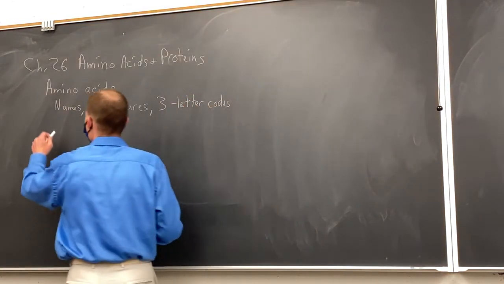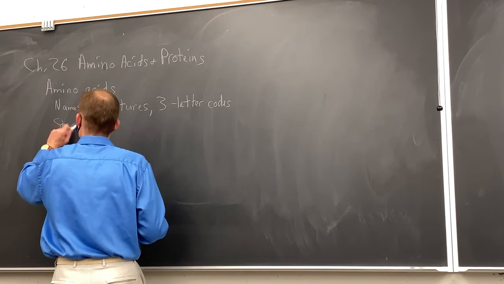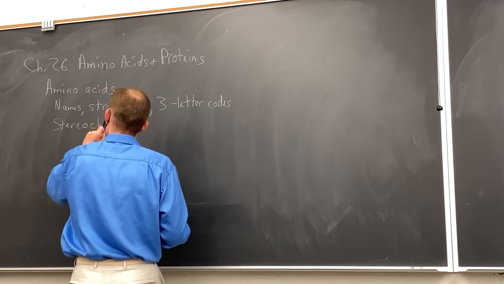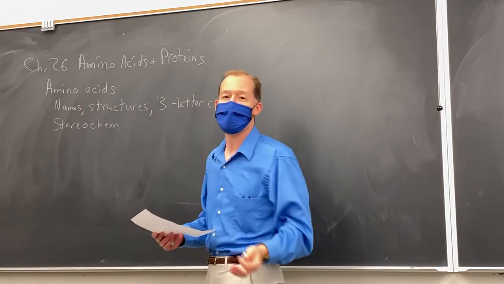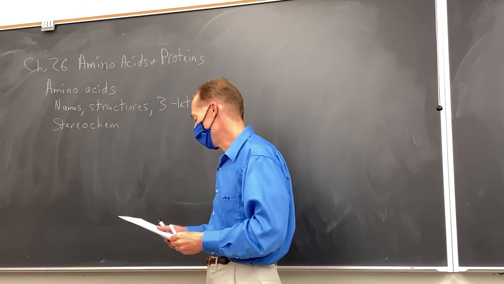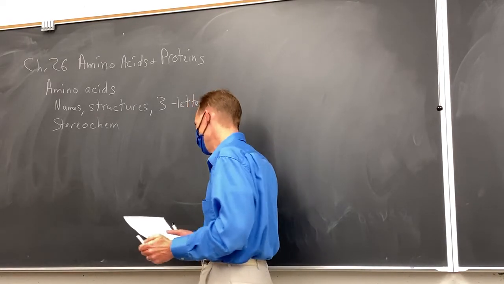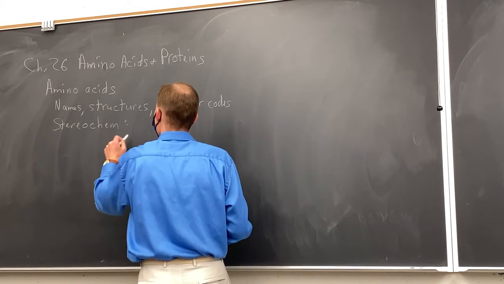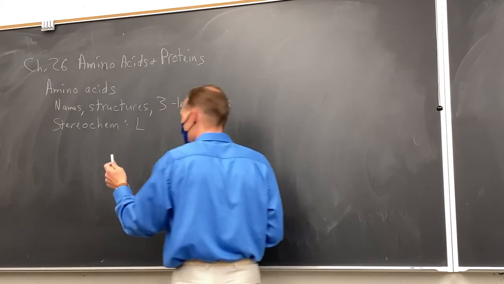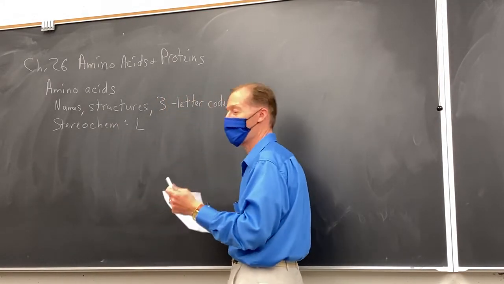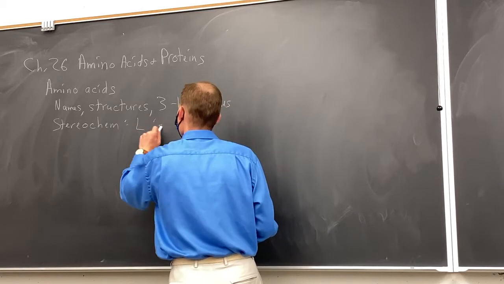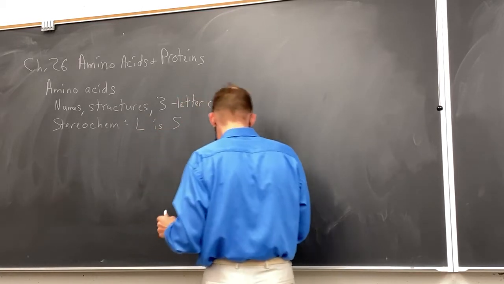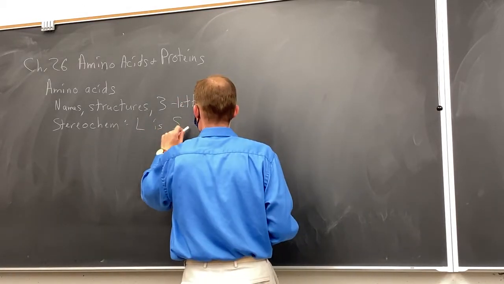Another aspect of amino acid chemistry is the stereochemistry. So being able to correctly draw the naturally occurring enantiomer of amino acids. And just remember that the L is the designation for the natural enantiomer, and L is S except for cysteine.